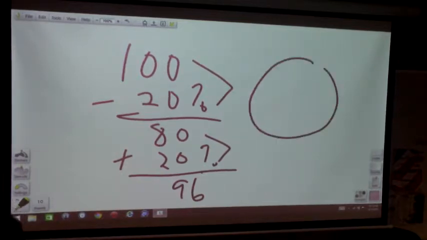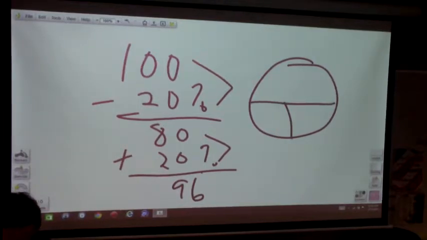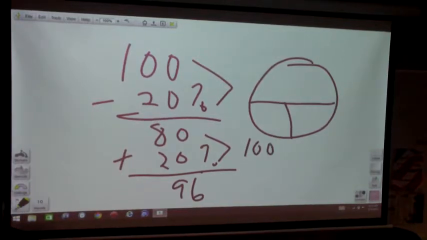We have the circle. And what happens is we started off with what? We started off with 100, didn't we? What happened first in time is 100. What happened second in time? We subtracted 20% and came up with 80.